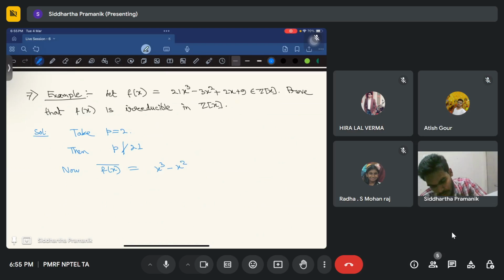Wait, it is not x, it will be 0, right? You are going modulo 2. Yes, modulo 2 it is 0. So x cube minus x square plus 1. So you need to check whether it is irreducible in Z mod 2Z of x or not. Can you check if this is irreducible or not?